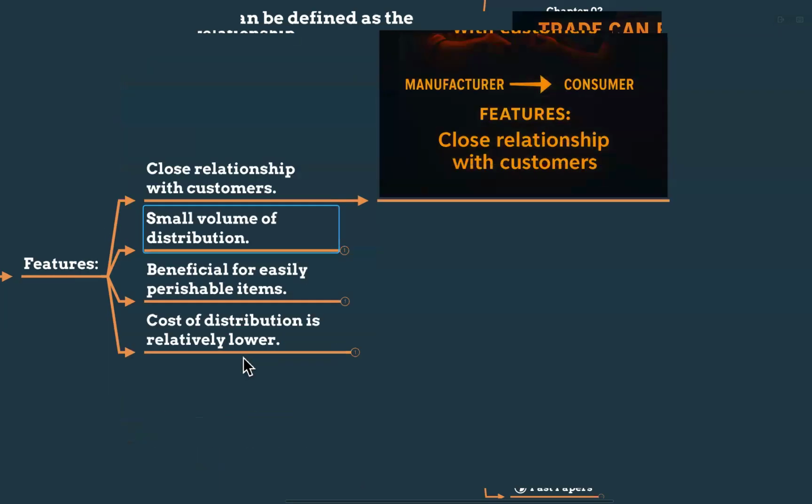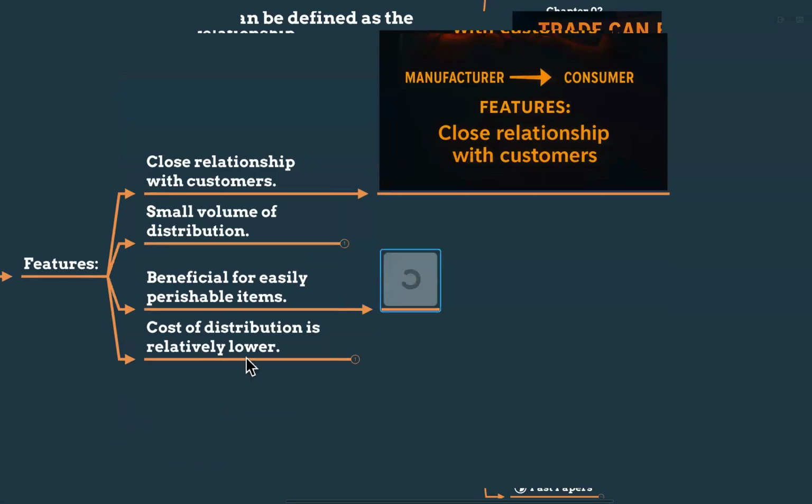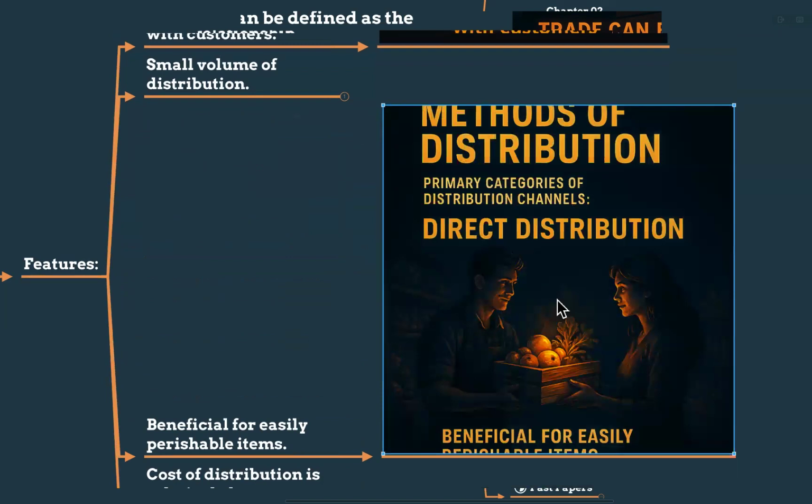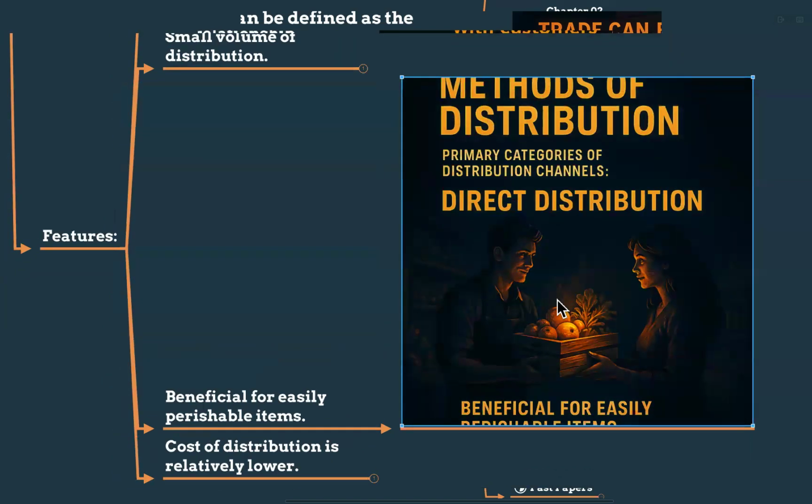That is small volume of distribution as a feature. At the same time, it is beneficial for easily perishable items, fresh products like fish, fresh milk, fruits, vegetables. So fresh products need quick sale, no time for the long distribution chains, right?